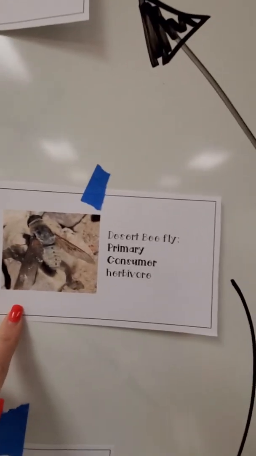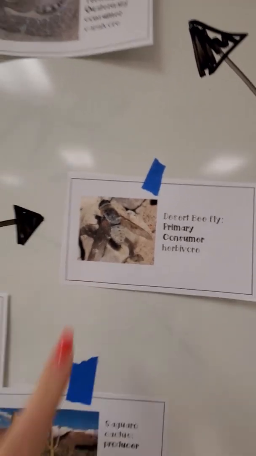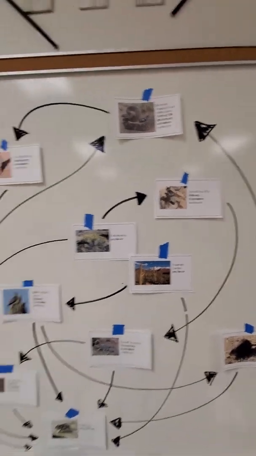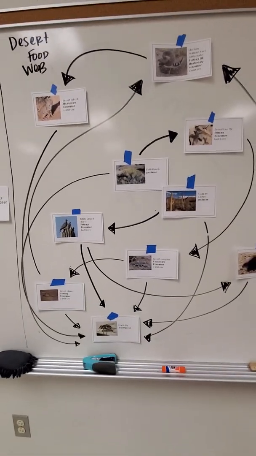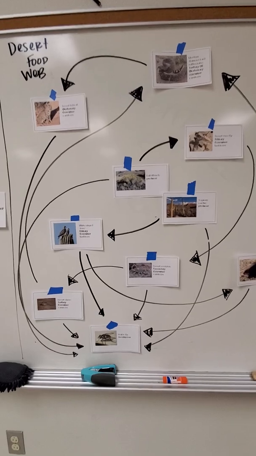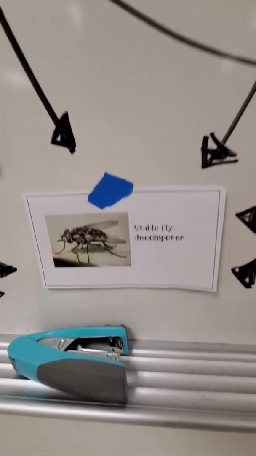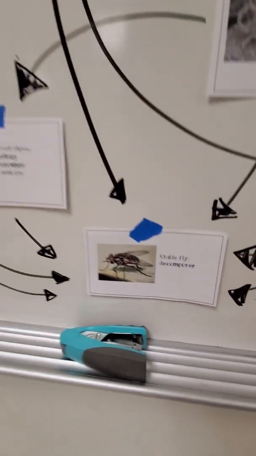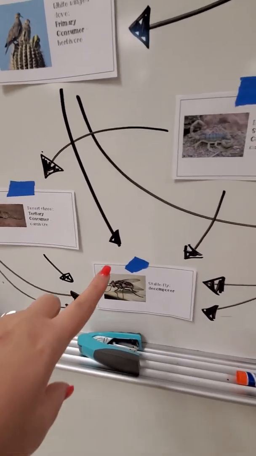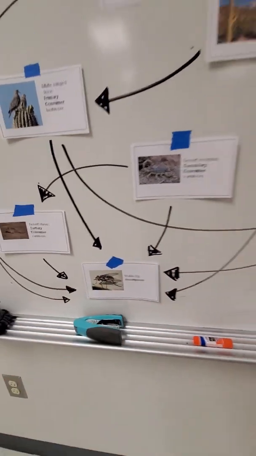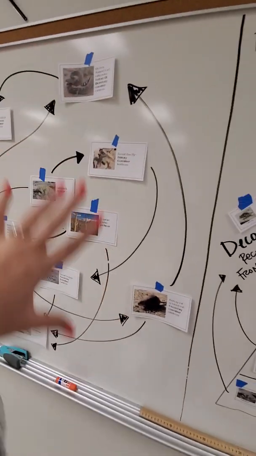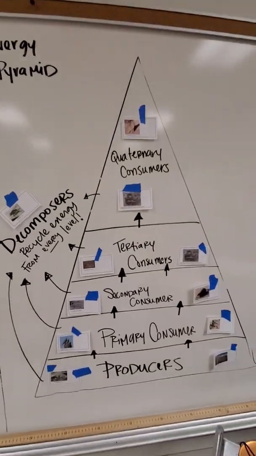I added in a desert bee fly, right? So those are all ones that I added in, and you can see how many more arrows I have. And I still have my stable fly, my decomposer, and you can see all of the arrows still go to that decomposer, okay? Then I took all of my organisms that were there and I put them in my pyramid.